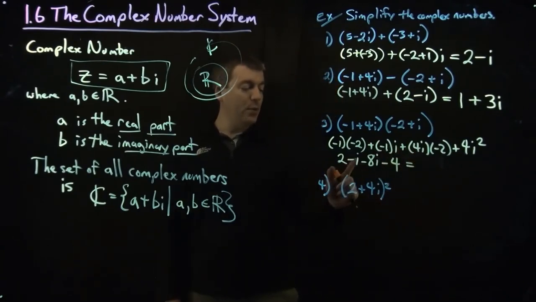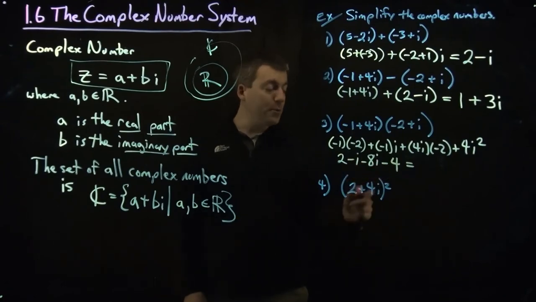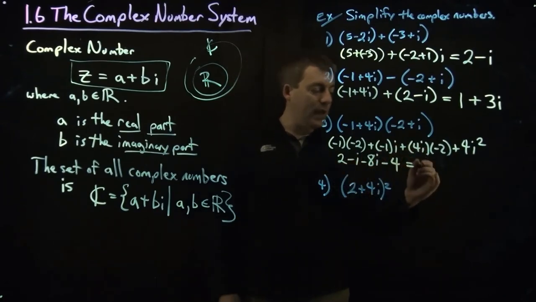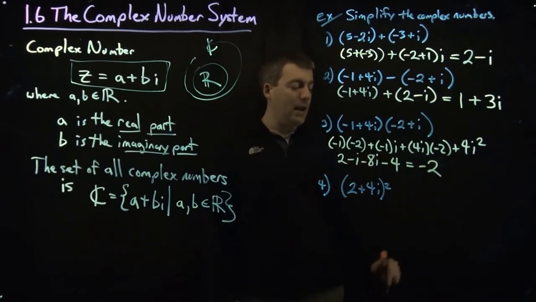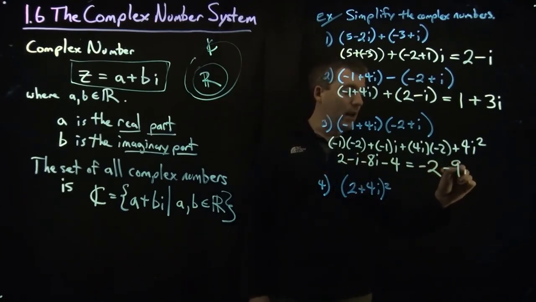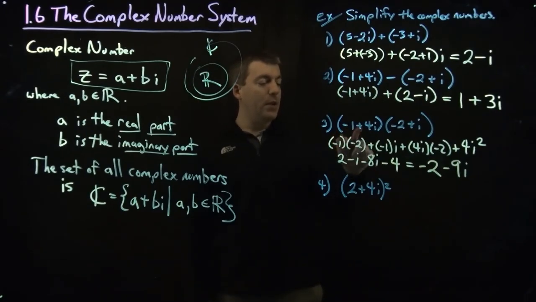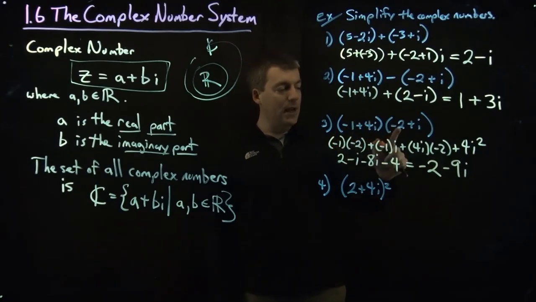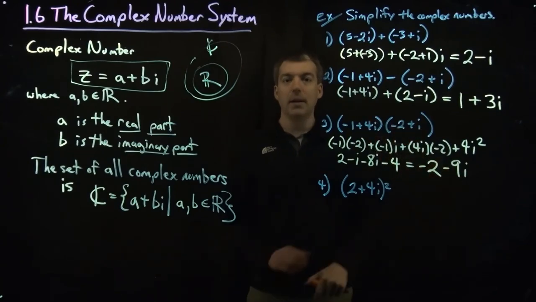So we have 2 minus i minus 8i minus 4. We can combine the like terms now. 2 minus 4 is -2. -i minus 8i is -9i. So -1 plus 4i times -2 plus i is -2 minus 9i.